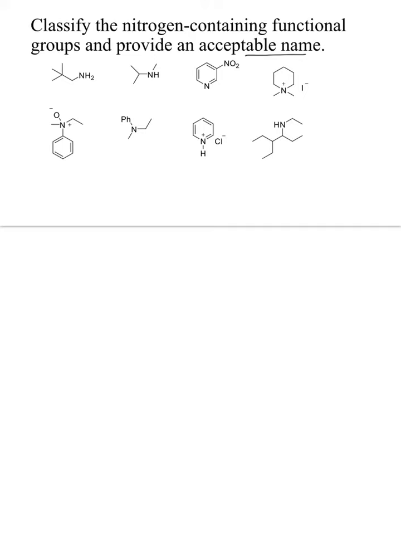This first one, because this nitrogen has one carbon attached, makes it a primary amine. For the name, you find your longest chain, 1, 2, 3, so propane.